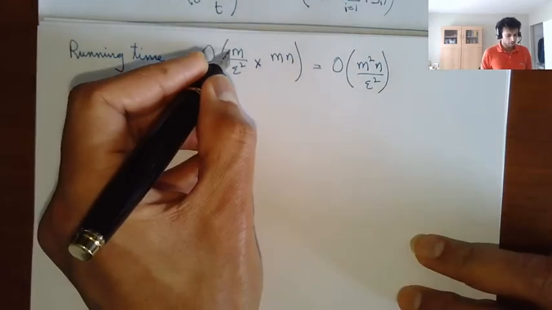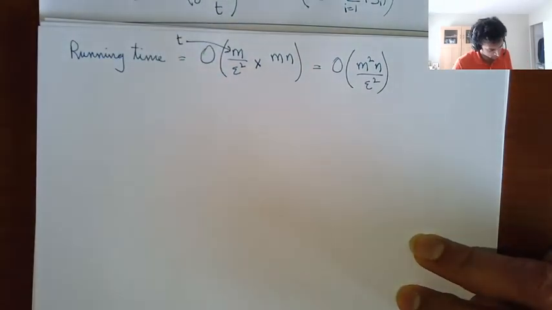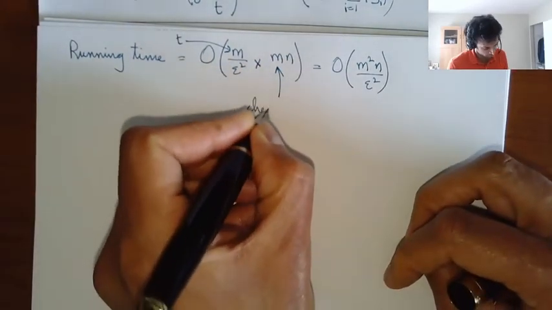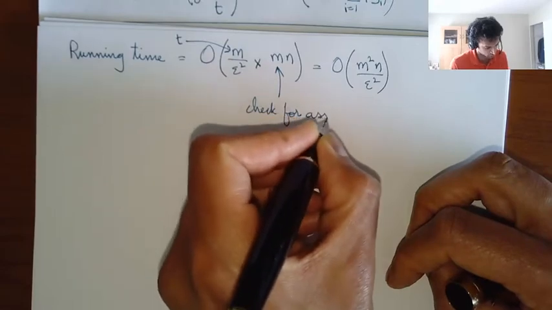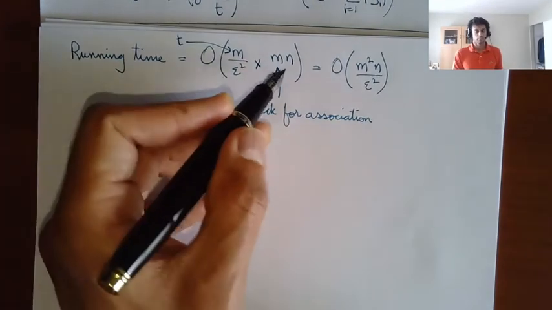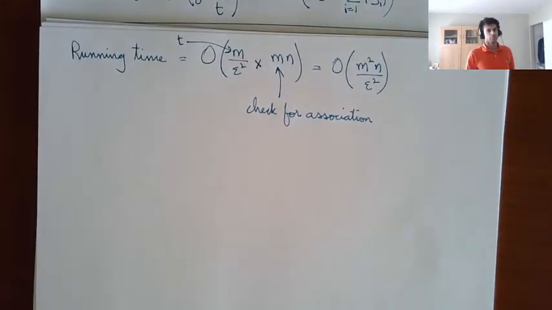So this m comes from the number of trials, and this m comes from checking for association. And the n basically comes from the fact that you have to read each clause, and the potential length of each clause is n. Okay? So does this make sense? So you have quadratic dependence on m.